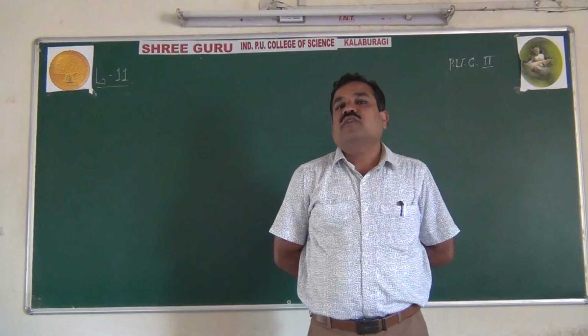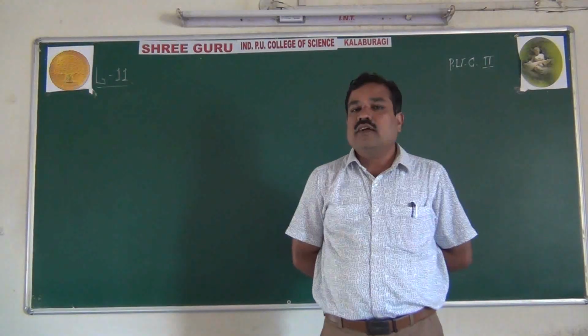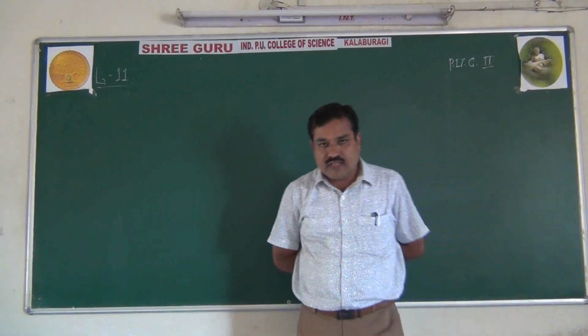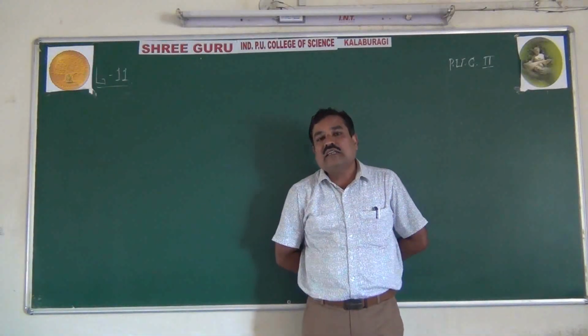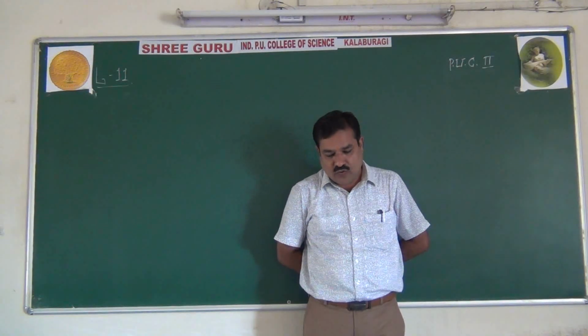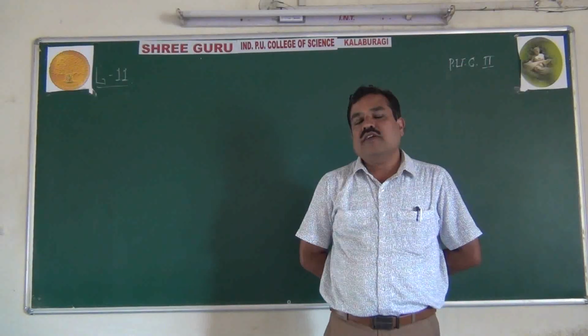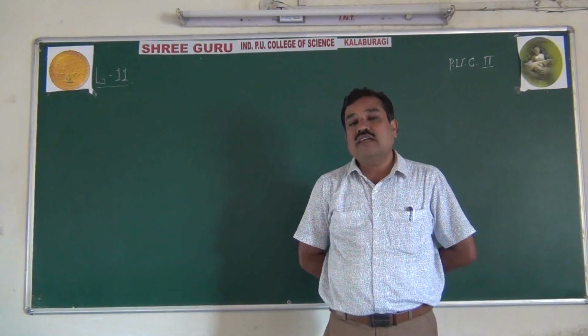Electron gain enthalpy of chlorine is greater than fluorine. Why? Due to the smaller atomic size of fluorine, it experiences repulsion from the incoming electron, which is a very important point to be noted. Then I told you regarding oxidation state.